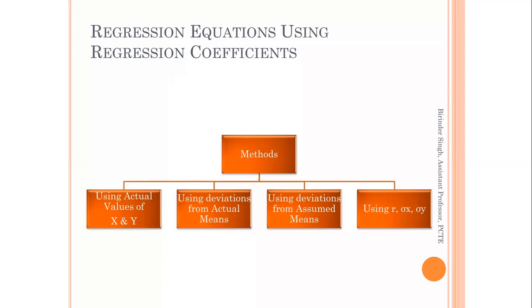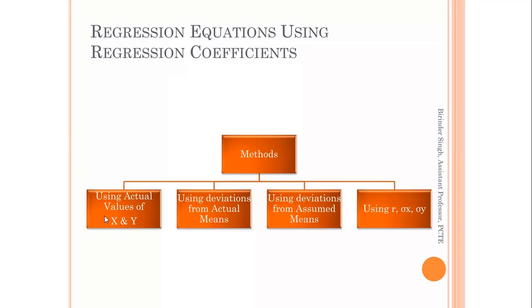The second one is deviation from the actual mean. The third one is deviation from the assumed mean, or by using the standard deviation method, that is standard deviation of x, standard deviation of y, and correlation coefficient r. So like this, you have four different methods here.